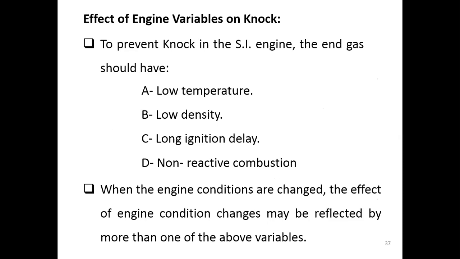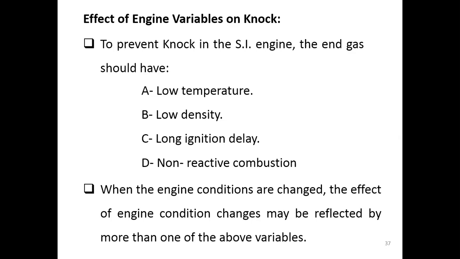Let's look at the engine variable effects on the knock. Because we want to prevent the knock in SI engines, we can use a better fuel property to prevent it, but we can also do some other things.